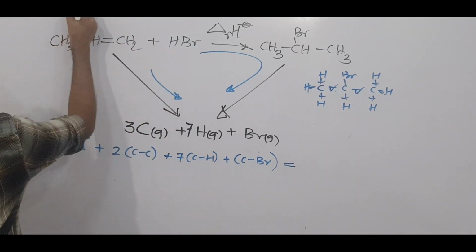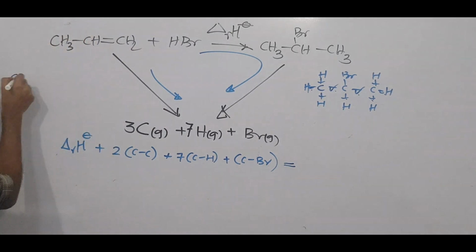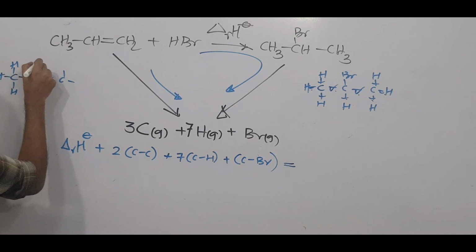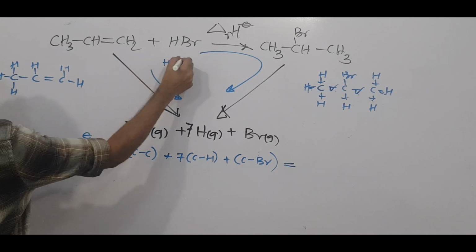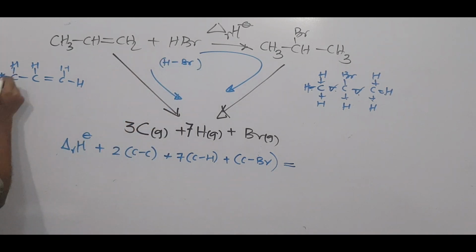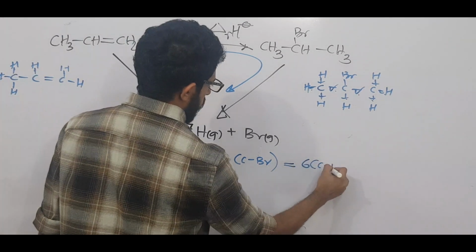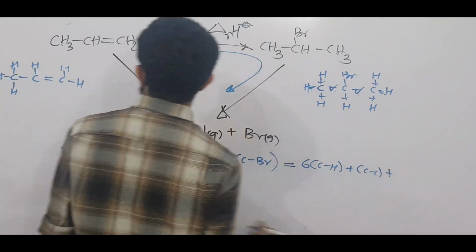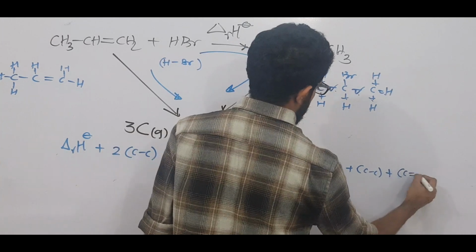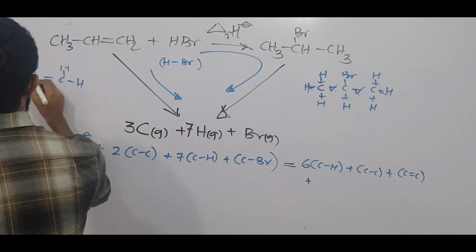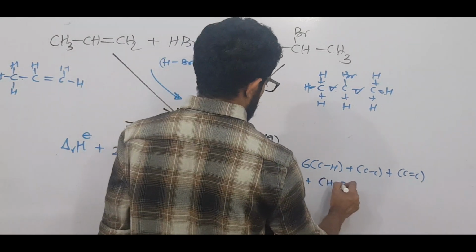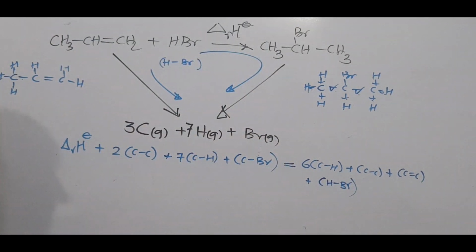If I draw this again, I can draw it here: H and HBr. 1, 2, 3, 4, 5, 6: 6 C-H bonds are there, plus 1 C-C bond, plus 1 C=C double bond, and HBr. So those are the bonds you have to break from the reactant side.